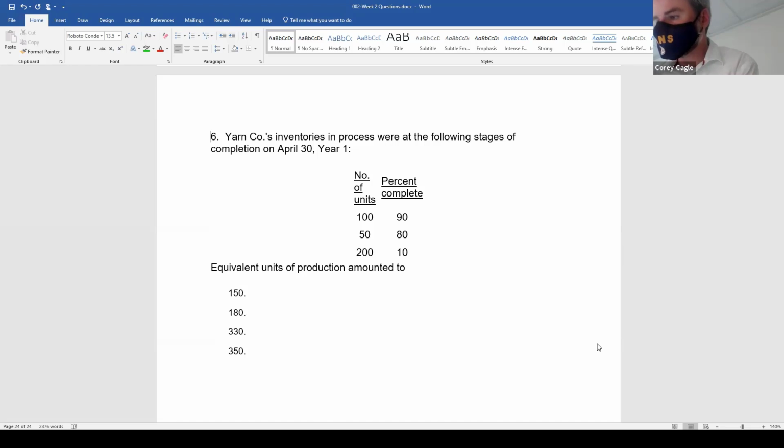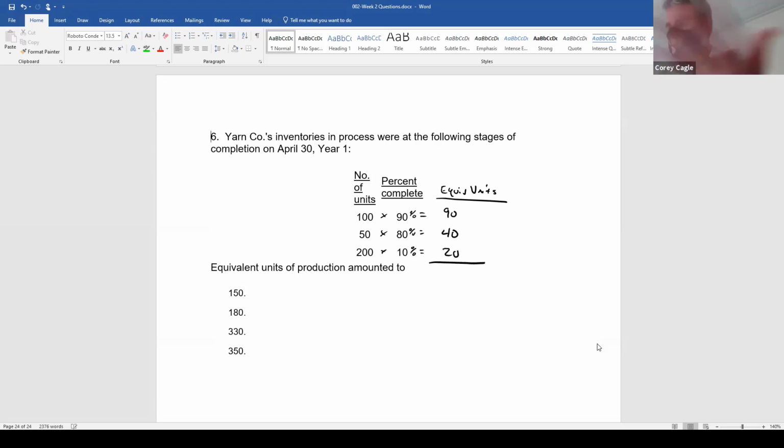Really quickly and easily. 100 units, 90% complete, that is 90 equivalent units. 50 units that are 80% complete, that's an equivalent of 40 units. 200 units that are 10% complete, that's 20 units.